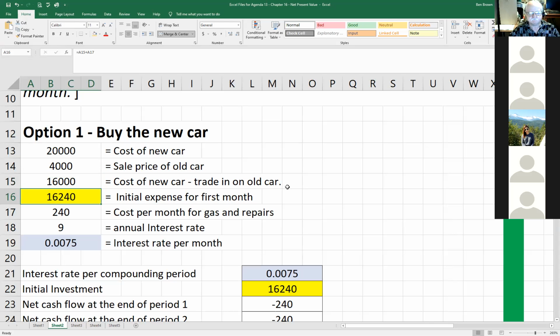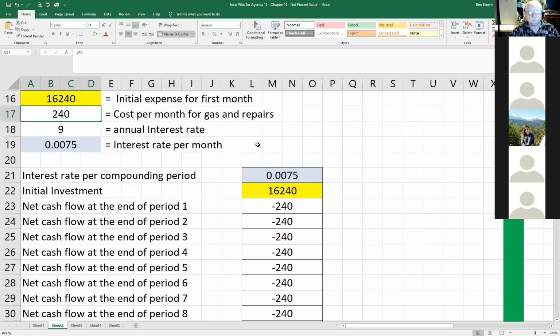And after that, you're going to be paying $240 per month for gas and repairs. And you've got an annual interest rate of 9%, but I've divided that 9% by 12 because we've got to figure out the interest rate per month here.